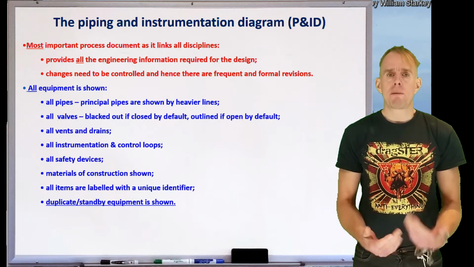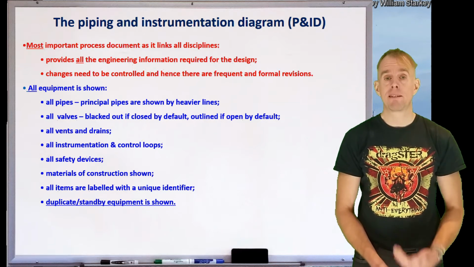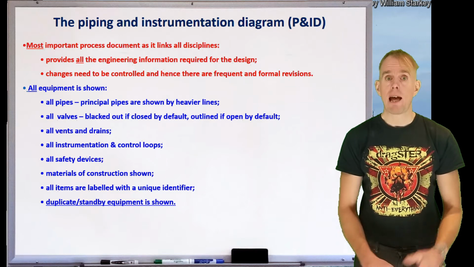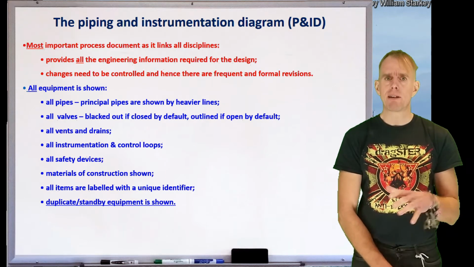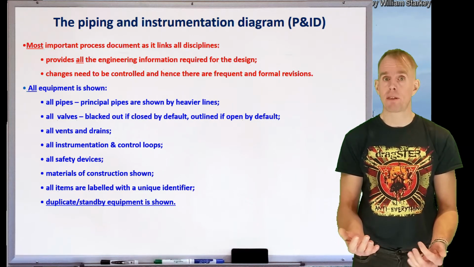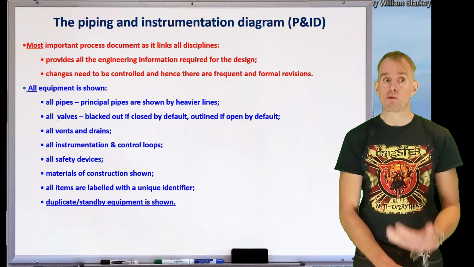So in order to draw a P&ID, we have to have completed our process design. We also have to have completed our control design, because every single last piece of equipment is shown. Every single pipe is shown, every single valve is shown. The valves are also designated to be normally open or normally closed, depending whether they're blacked out or shown in outline. We also include all vents and all drains.